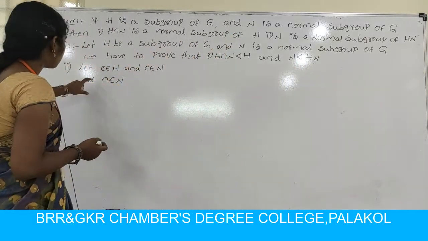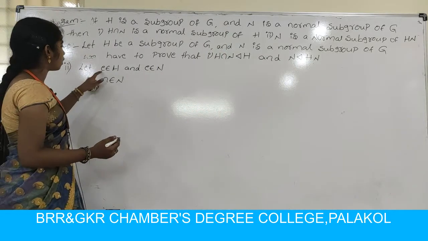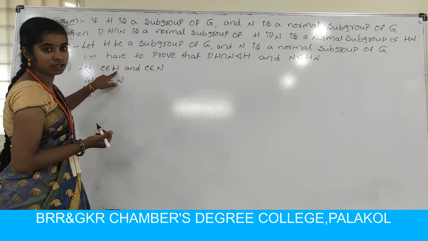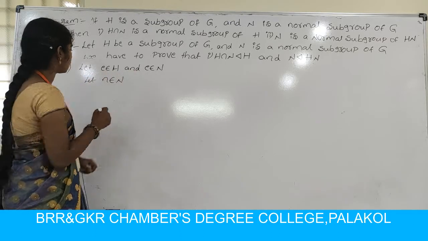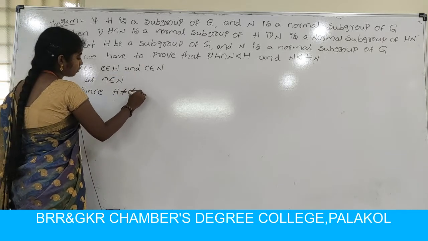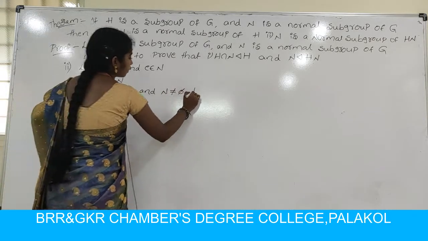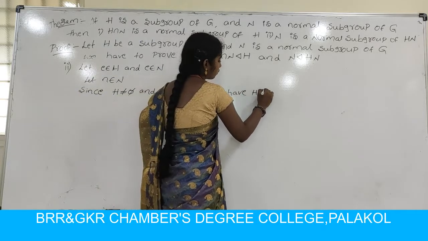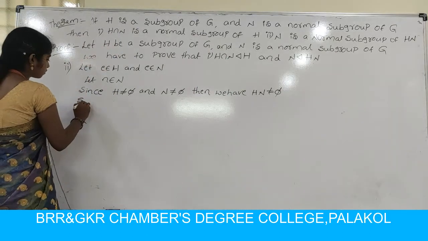First, you already know that E belongs to H and E belongs to N. So that means H is non-empty. Non-empty means at least one element, and that element is E belongs to H and E belongs to N. Since H is not equal to empty and N is not equal to empty, we have HN not equal to empty.